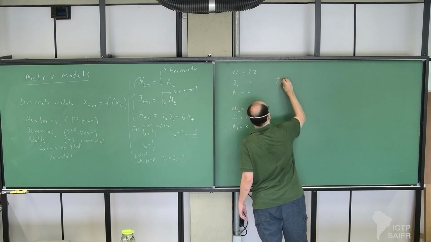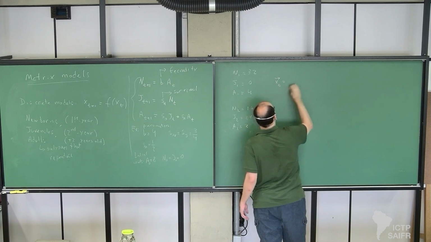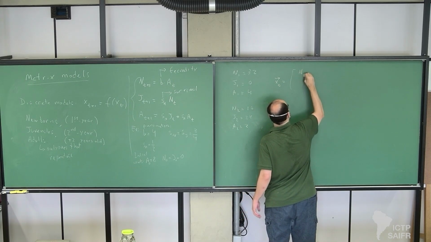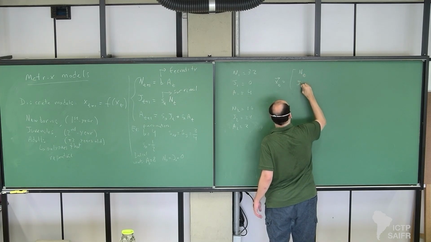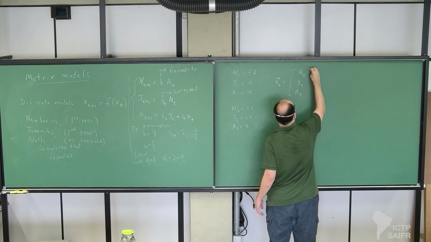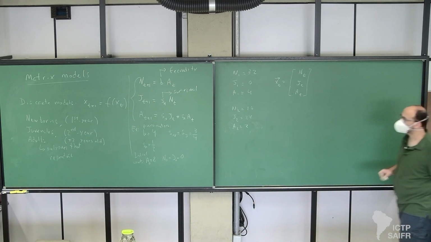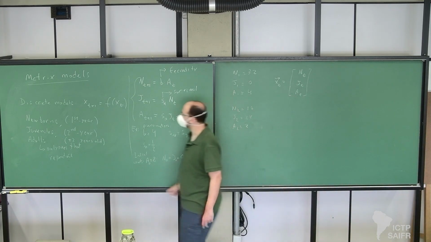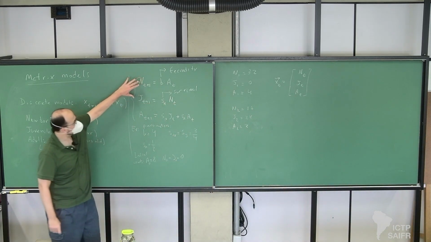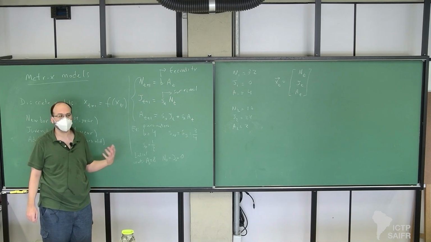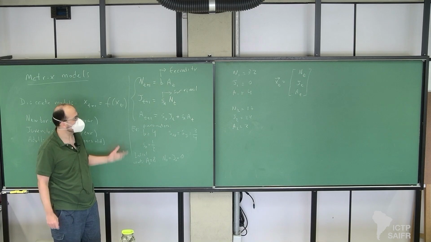I will write a vector, x_t, that is going to be n_t, j_t, a_t. So this is a vector. And then my equation over here, instead of writing it in this form, I want to write it as a product of a matrix with a vector.